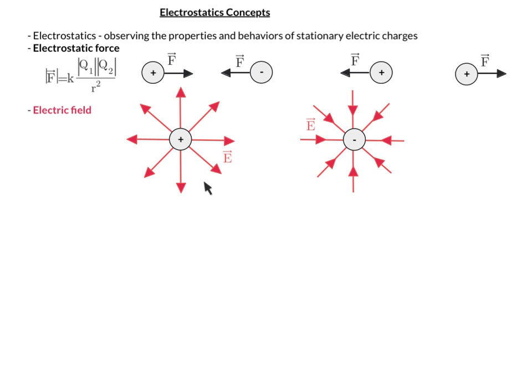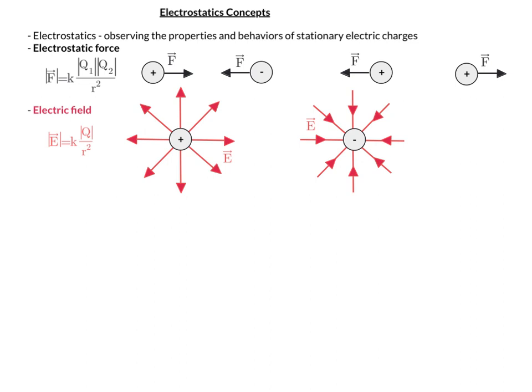So if I put a positive charge here, knowing that these 2 will repel, the positive charge would move radially away from this charge, whereas the positive test charge over here would move toward the negative charge that's creating the electric field. So the electric field lines are given by the direction in which a positive test charge would move in the proximity of a positive or a negative charge.